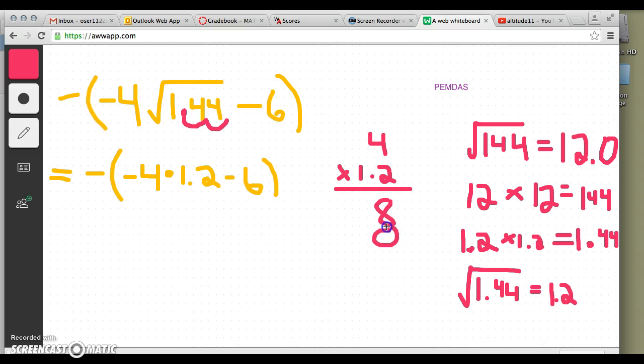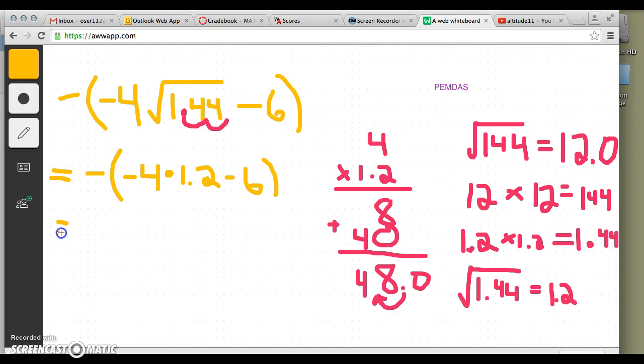We bring down a 0. 1 times 4 is 4. So what do we get when we add these two together? 0 plus 8 is 8. 4 plus 0 is 4. But remember, you have this 1 decimal place that you need to account for. So our 48.0, moving this decimal 1 spot over, gives 4.8.